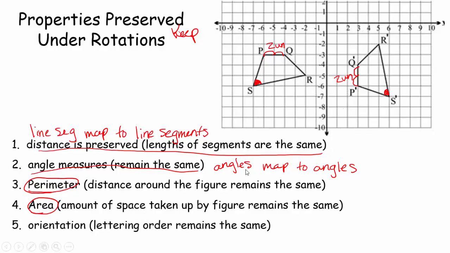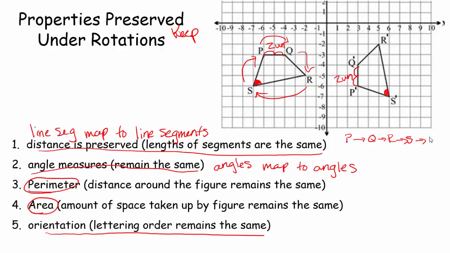Last but not least, orientation or the lettering order also remains the same. Let's prove it. If I look up here, P goes to Q, Q goes to R, R goes to S, and S goes back to P. Now let's look at our image.